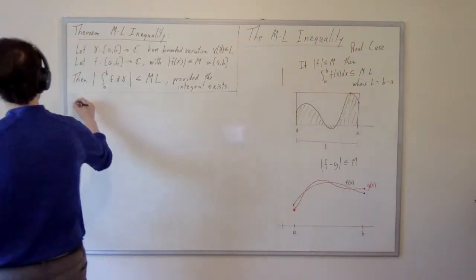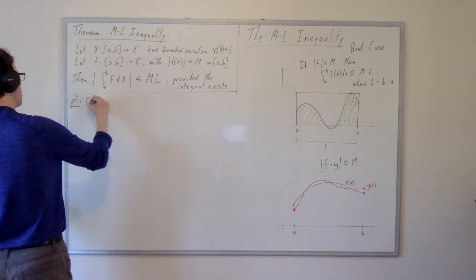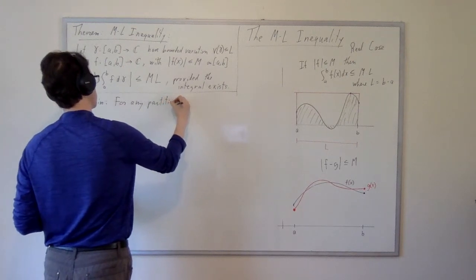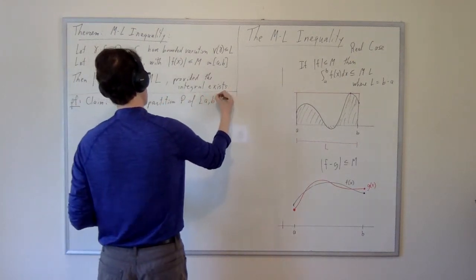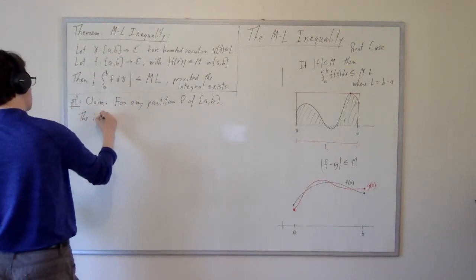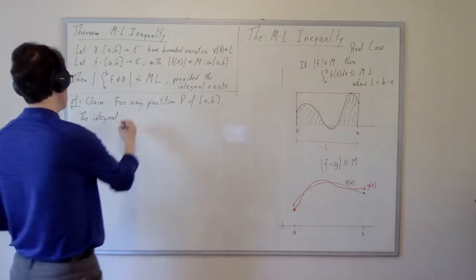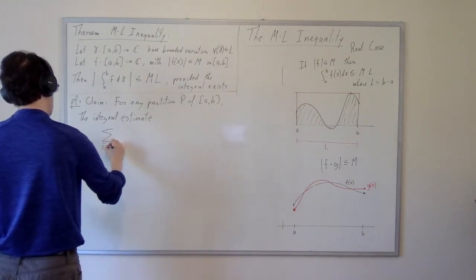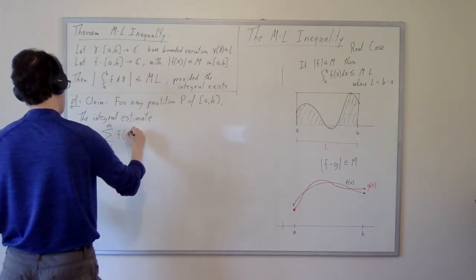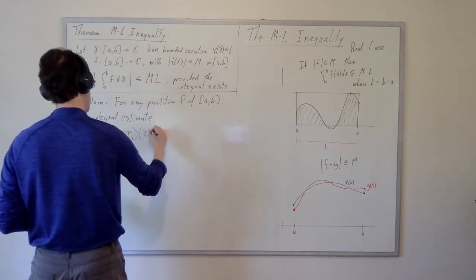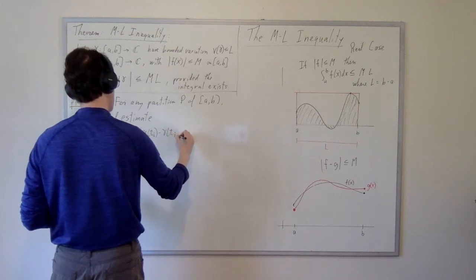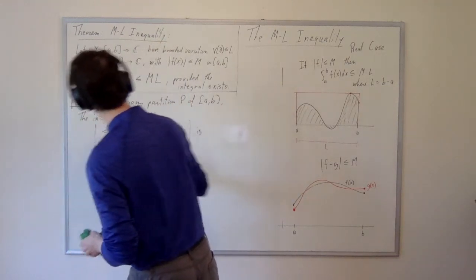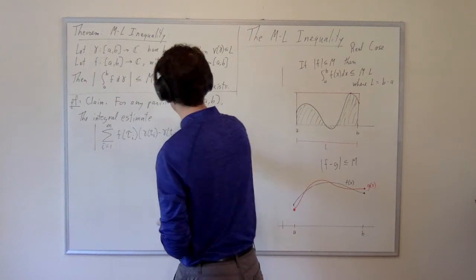So what we're going to do is claim here that for any partition P of [a,b], the integral estimate, which is really the summation inside the limit, the sum from i equals 1 to m of f of τ_i times γ of t_i minus γ of t_{i-1}, has modulus less than or equal to ML.